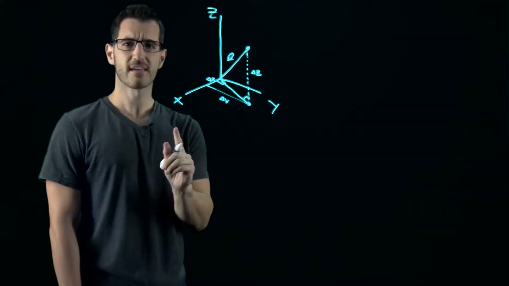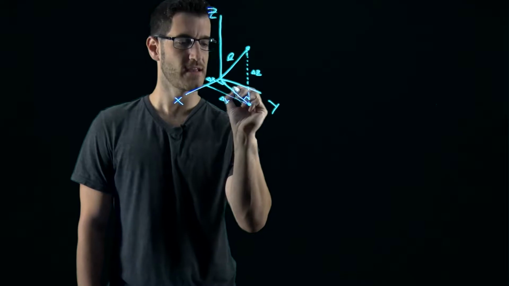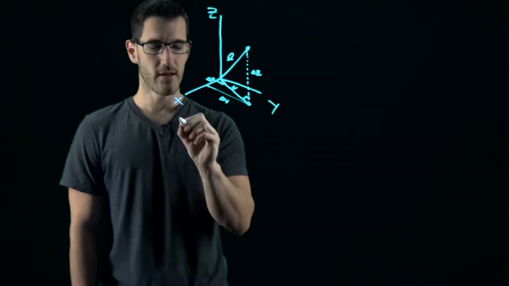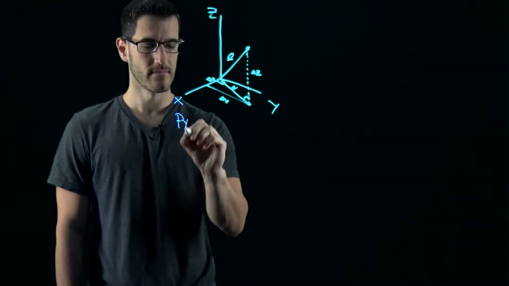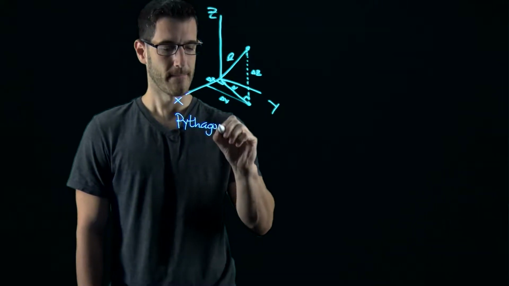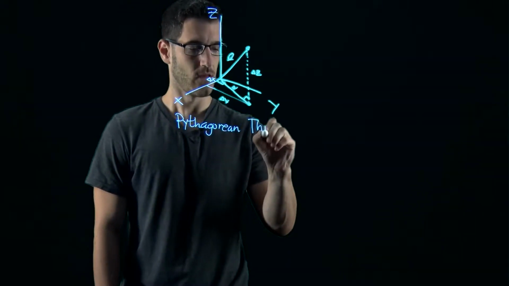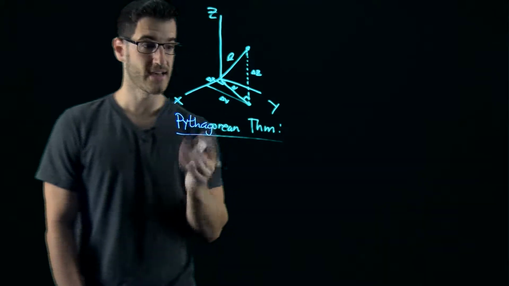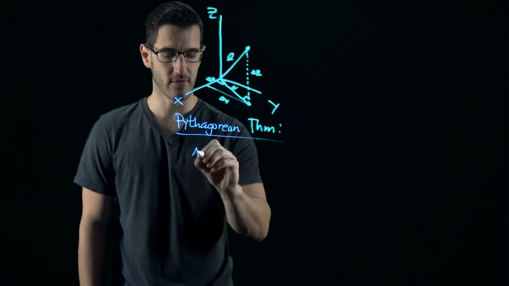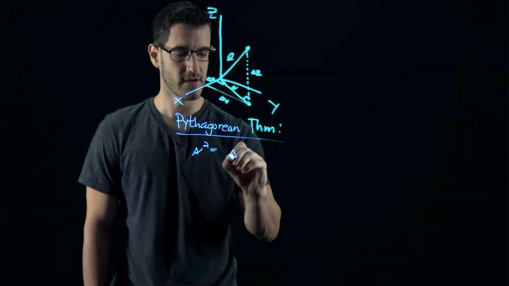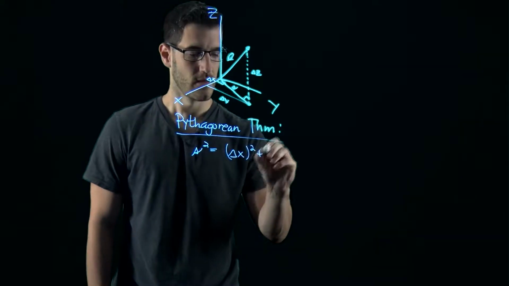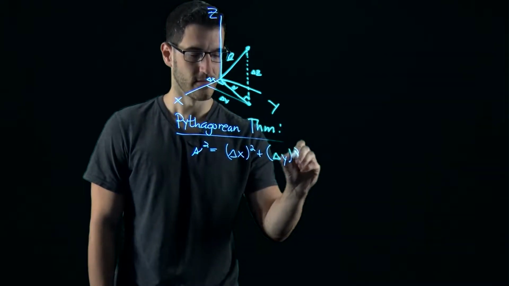So the nice thing is now we can find this intermediate length, we'll call it s, and we know from the Pythagorean theorem for that length s, we have that s squared is equal to delta x squared plus delta y squared.